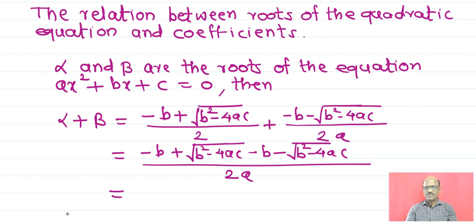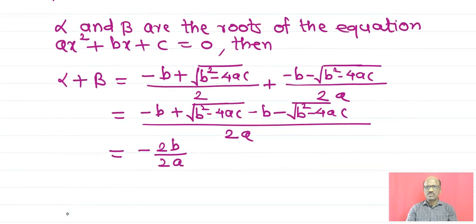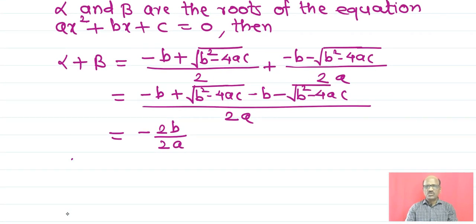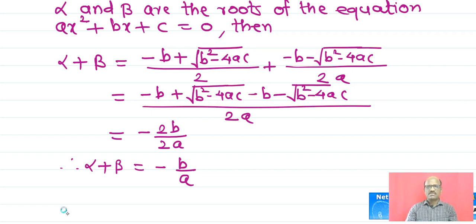Therefore minus 2b, and what's happening second term, plus root of b square minus 4ac minus root of b square minus 4ac get cancelled, minus 2b upon 2a, that is alpha plus beta is equals to minus b upon a. This is the sum of the roots. म्हणून तुम्हाला फक्त लक्षात काय ठेवायचं आहे तर अल्फा प्लस बीटा इज इक्वल्स टू मायनस बी अपॉन ए. This is called the sum of the roots. आपल्याला क्वाड्रॅटिक इक्वेशन पण तयार करायचे त्यासाठी हे लागणार आहे त्यामध्ये.